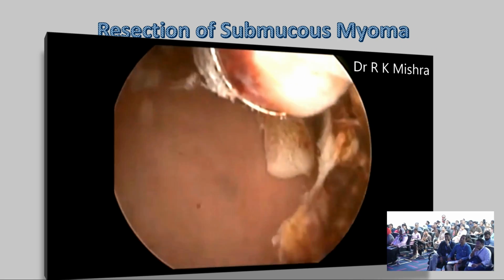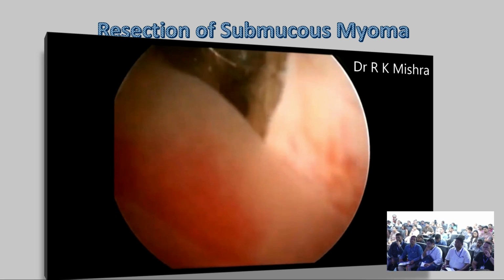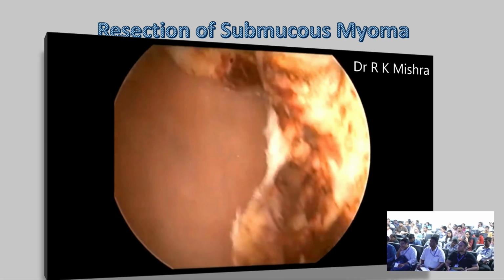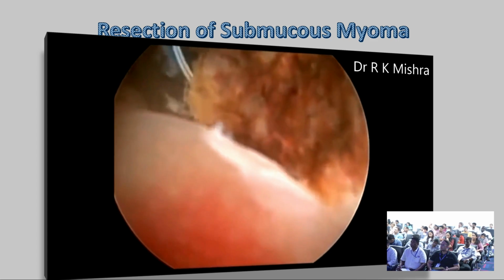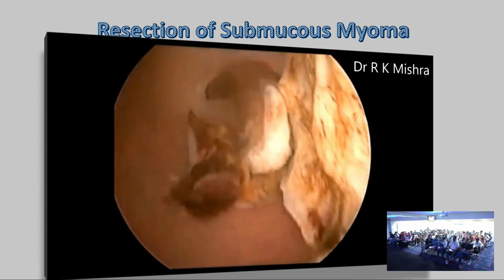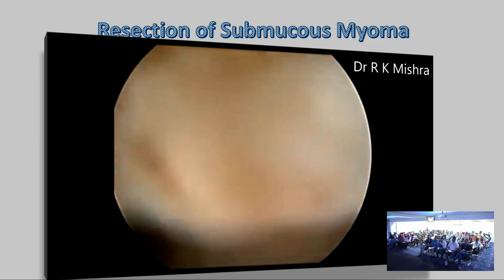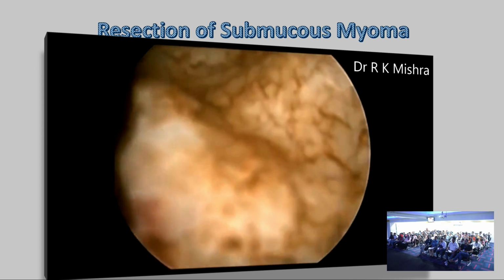And you should have hand, eye and foot coordination. Not only hand and eye, your foot pedal also should be coordinated together. And you will keep on cutting in small pieces. It looks big, but these are only 1 millimeter slices, because magnification is there.